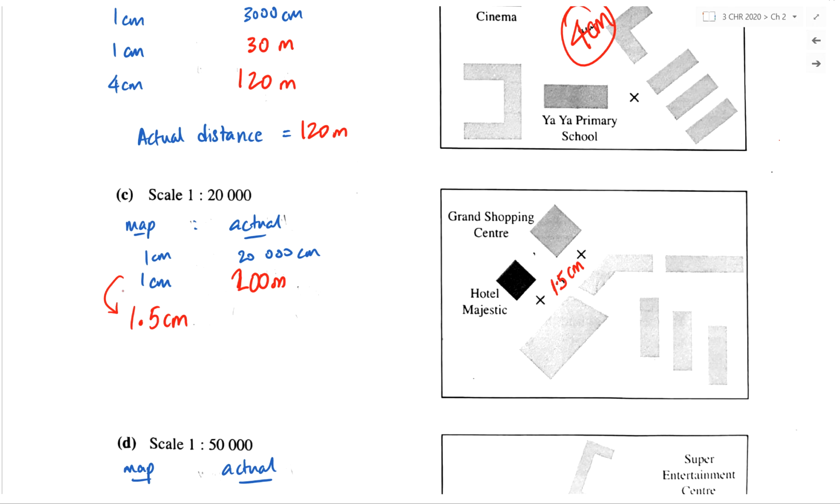So if I multiply by 1.5 here, what must I do on this side? Same. Multiply by 1.5. So 200 times 1.5 gives us 300 meters. And that is our answer. Answer, or actual distance, 300 meters.